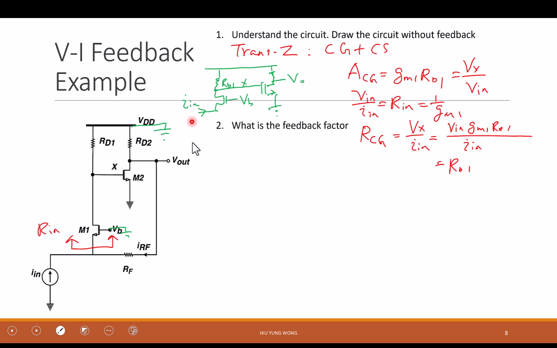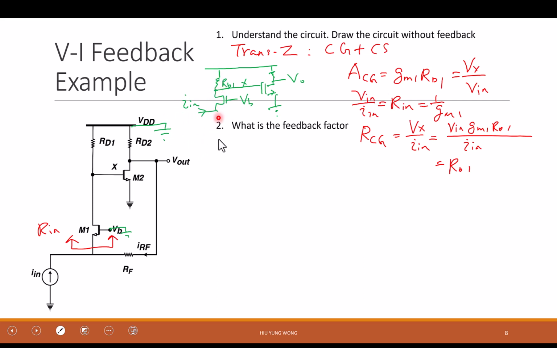Then I in has 1 microamp going up. It means that the total current becomes 0.999 milliamp going down. Remember, I spent a lot of time talking about the DC biasing. This extra current, you just think that I have less current going down, right?